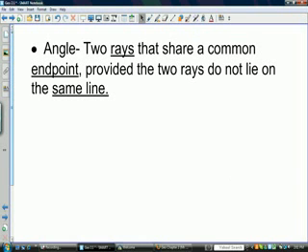Now an angle is two rays that share a common endpoint, provided the two rays don't lie on the same line. So we'll start with an endpoint, and from that endpoint, I'm going to draw two rays.